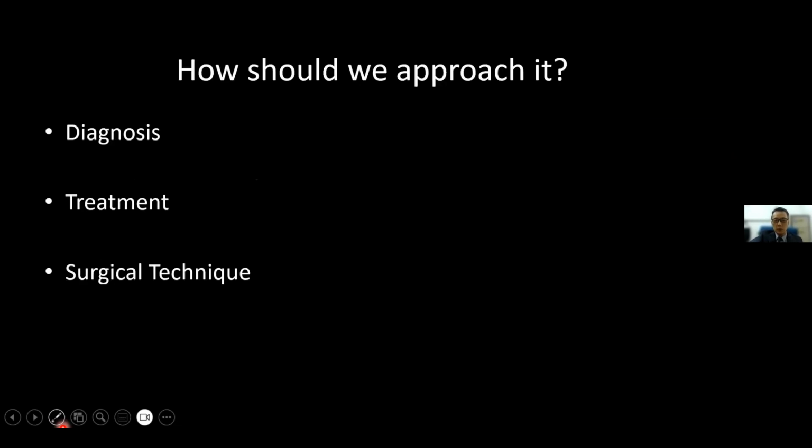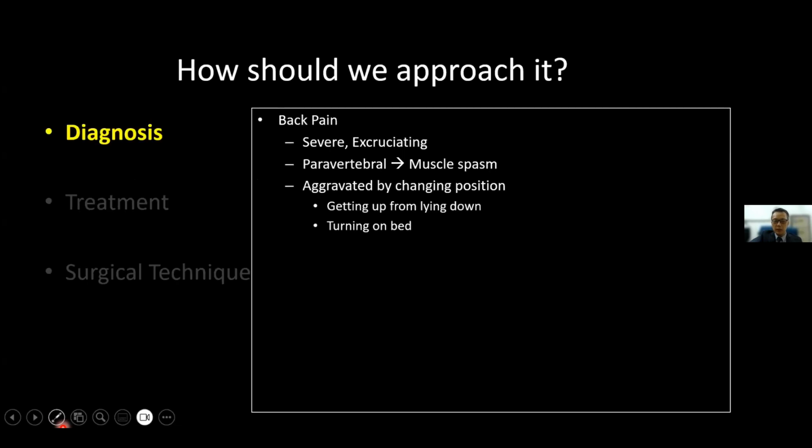So how should we approach it? How do we diagnose it? Further, how do we treat it? Diagnosis is clinical, by assessing the patient. The patient usually complains of very severe, excruciating back pain.